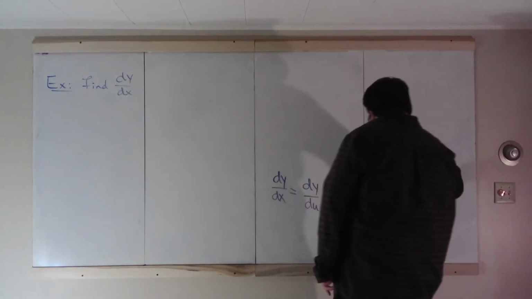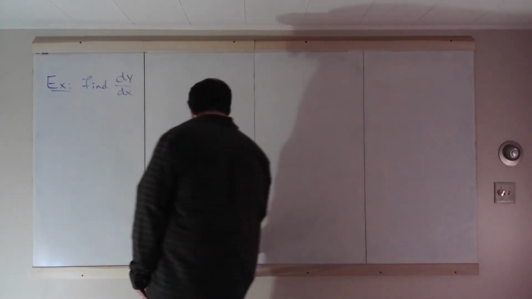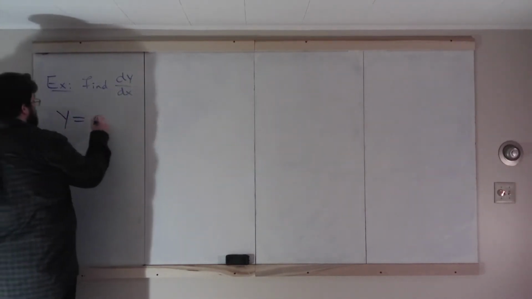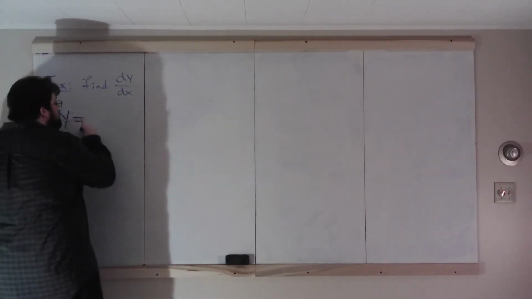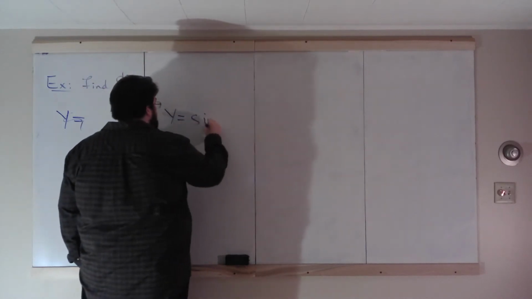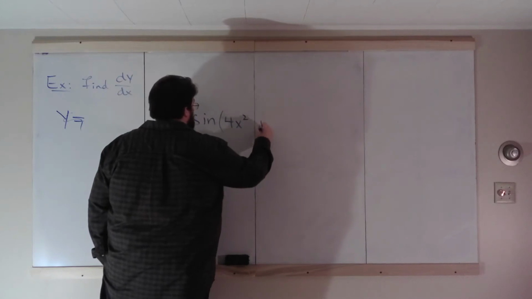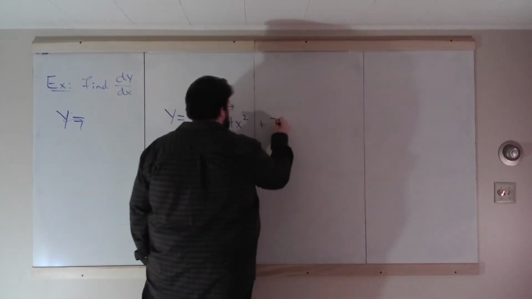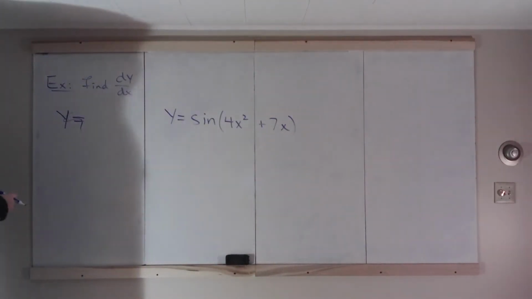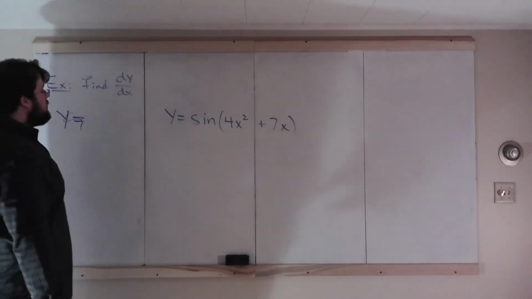Let's do this next one, and you can compare it to the first one we did. Find dy dx. Y equals sine of 4x squared plus 7x. I think this is like the 4th time I've used 4x squared. I don't even like the number 4 that much. Find dy dx here.